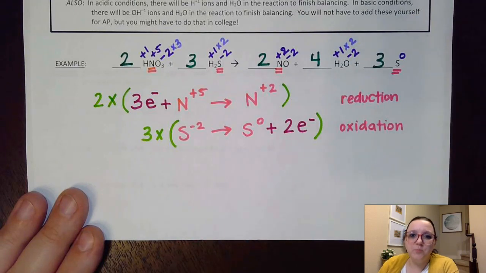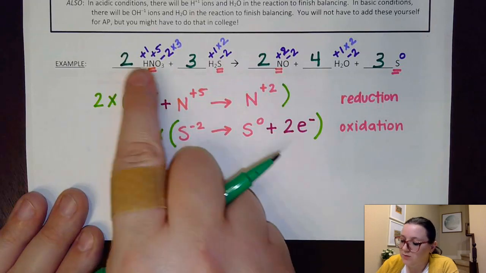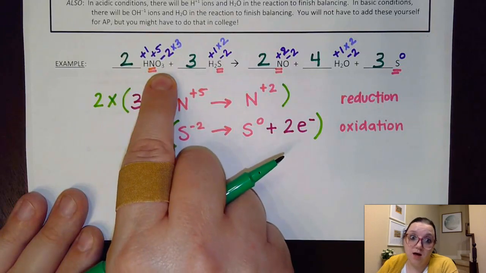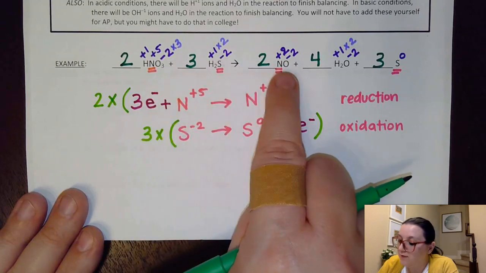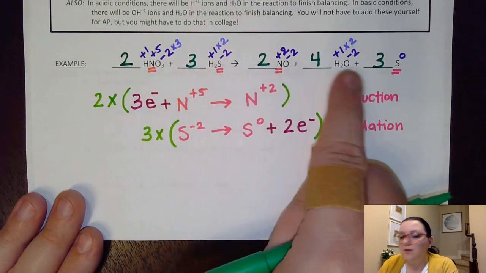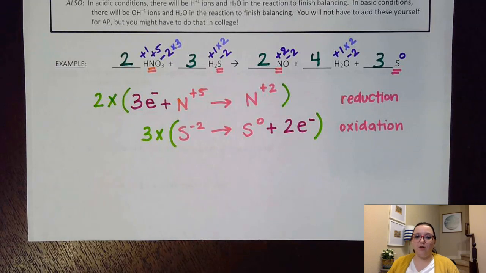Now let's see if that worked for the oxygens as well. I notice I have 2 times 3, so I have 6 oxygens over here. I notice also I already have 2 oxygens here, so getting another 4 from the water would ensure that that all comes out to be perfect. So we might need to finish balancing with our normal process at the end, just to double check and make sure that everything has been addressed in that process.